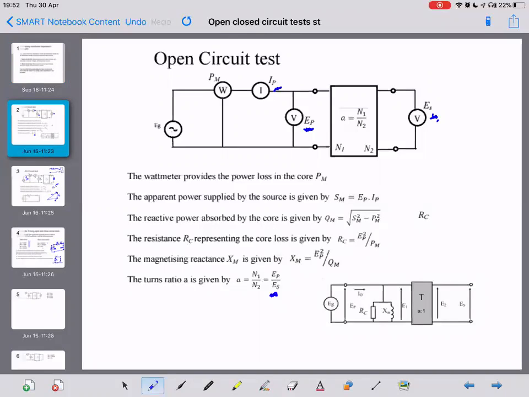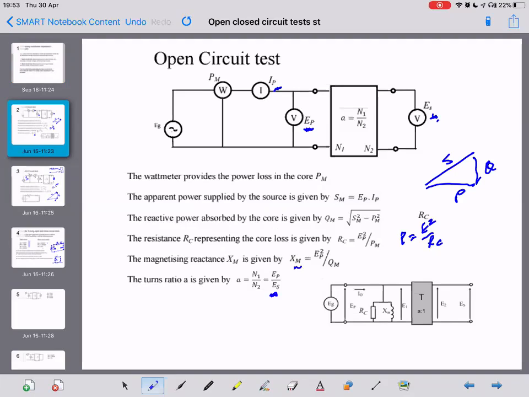We can then use Pythagoras' theorem because we've got S and P, and therefore we can find Q. The resistance of the core loss is given by RC is the primary voltage squared divided by the power, rearranging P equals E squared over R. We can do the same for the magnetizing reactance, EP squared over Q to find XM.